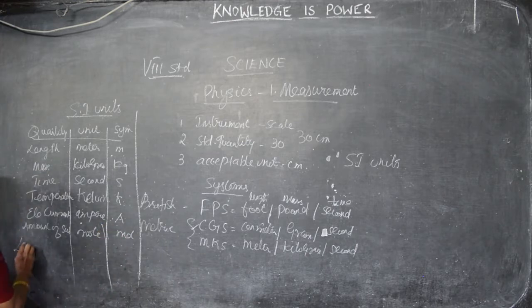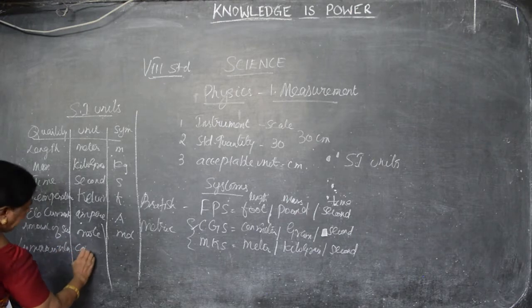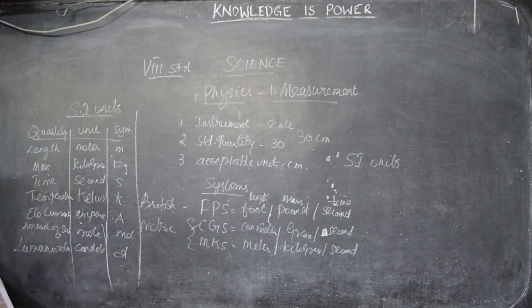And luminous intensity, that is how much light there is, the unit is candela, symbol CD. We have to see everything in detail.